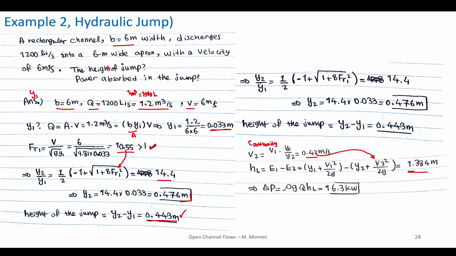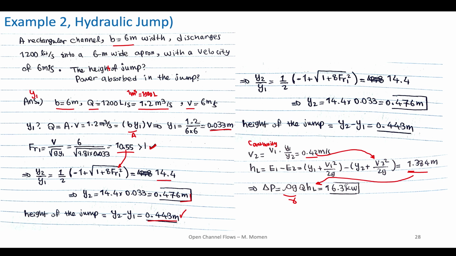And using the formula for the power, we can get the power absorbed in the jump, which is rho g, or gamma, q times HL. So I have the rho of water is 1000, g is 9.81, q I have here 1.2 meter cube per second, and HL is from here, 1.384 meter.